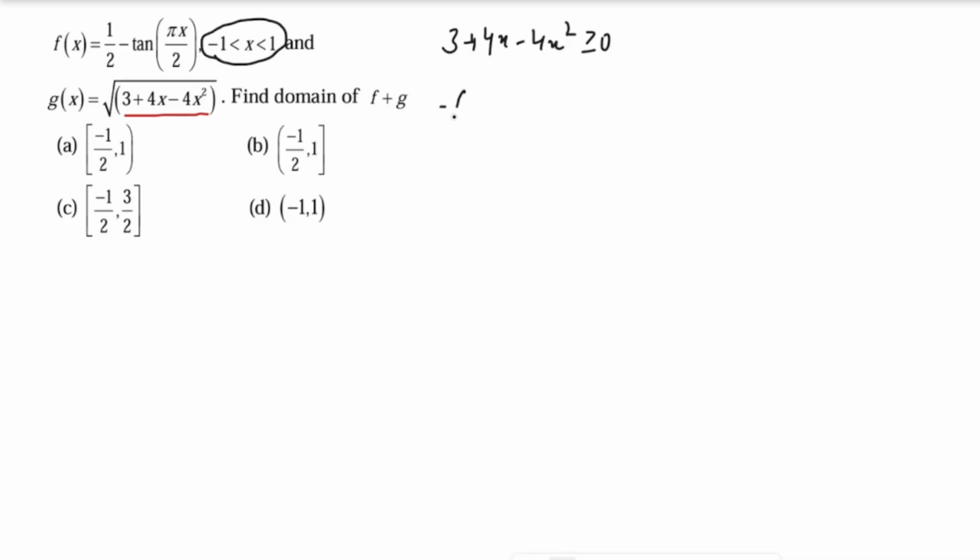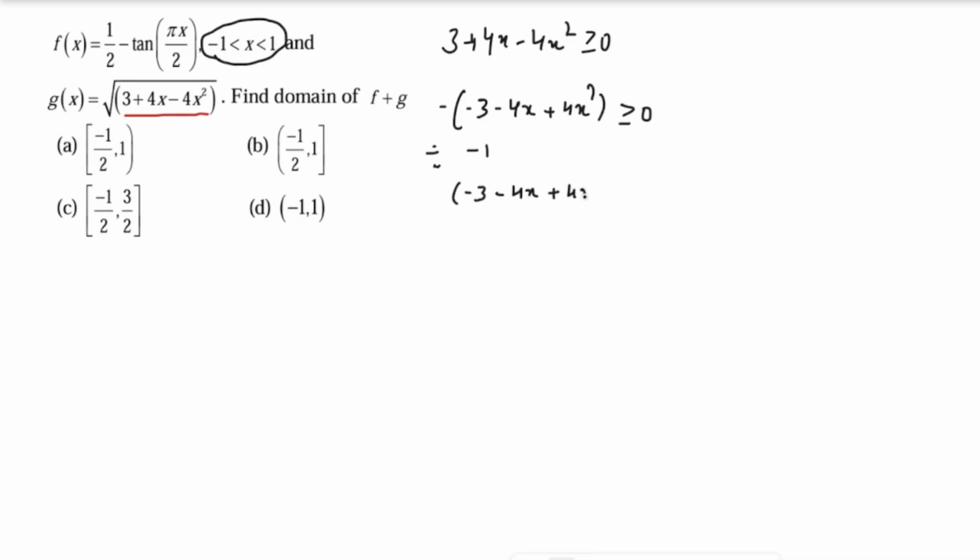I'll take minus common in this: minus 3 minus 4x plus 4x square greater than or equal to 0. Now let us divide the whole equation by -1.